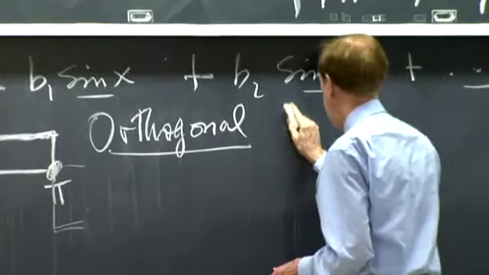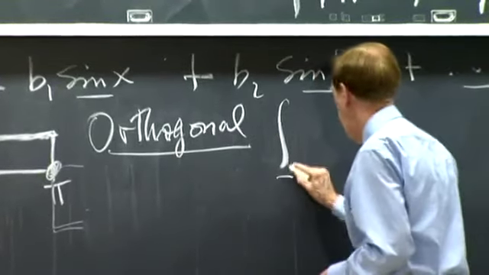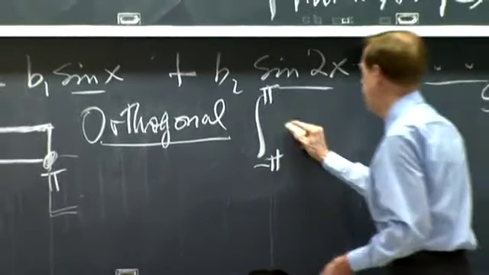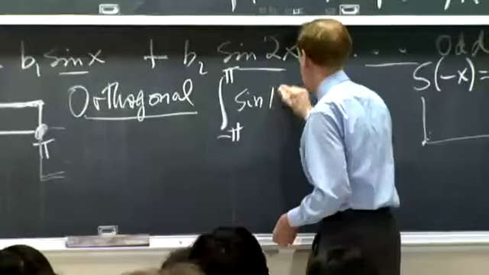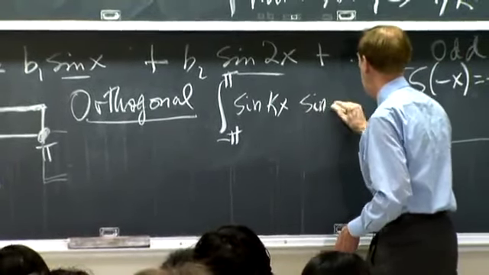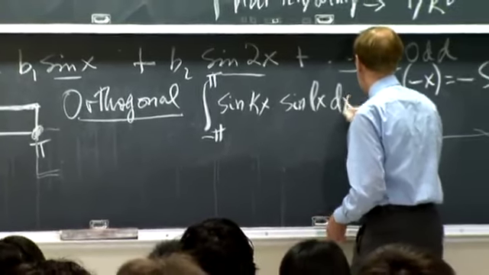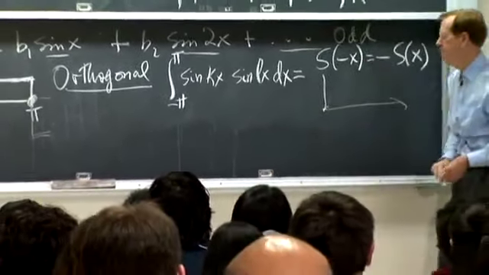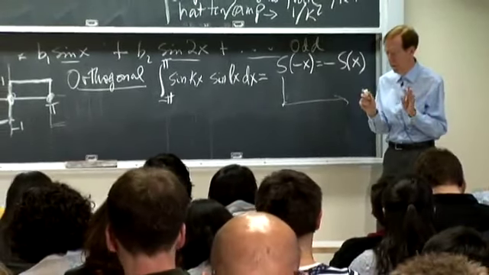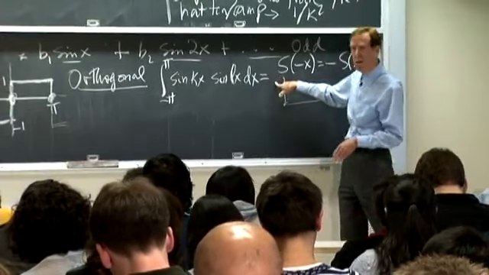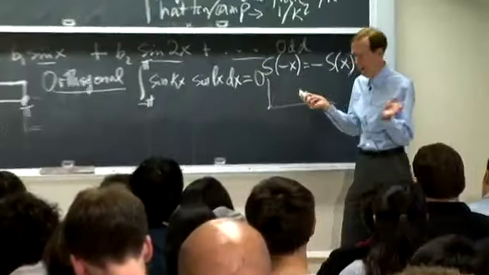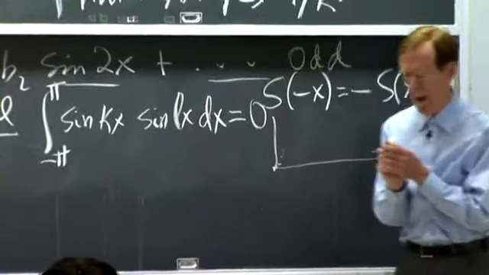That means that the integral over our 2 pi interval, or any 2 pi interval, of one sine kx, let's say, multiplied by another sine lx dx is, you can guess the answer, and everything is depending on this answer, and it is 0. It's just terrific, right? If k is different from l, of course.